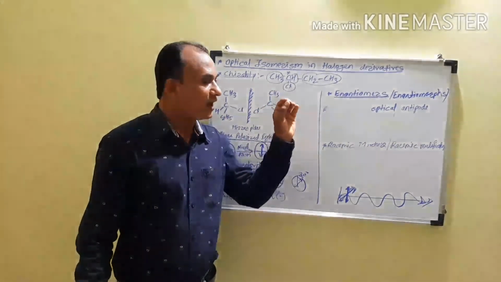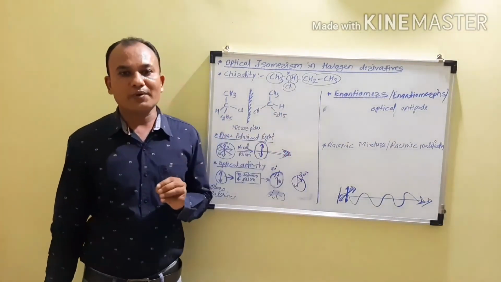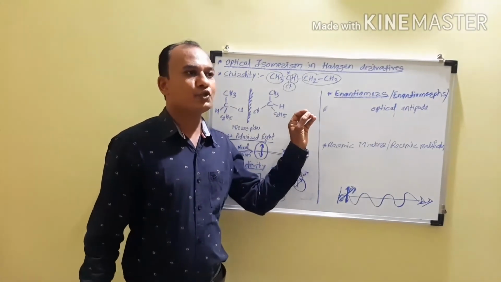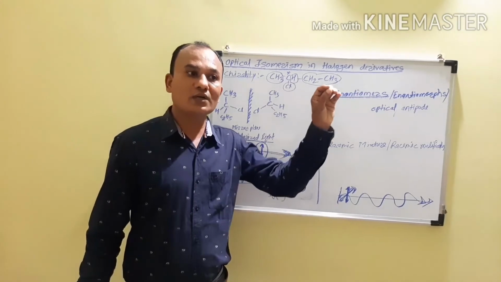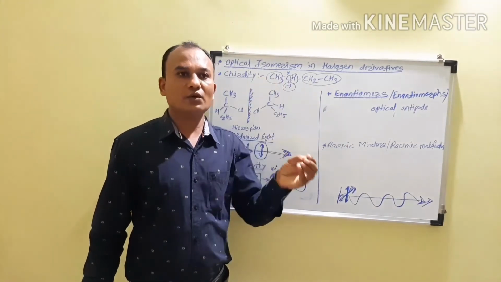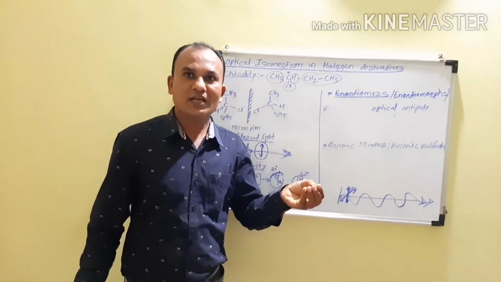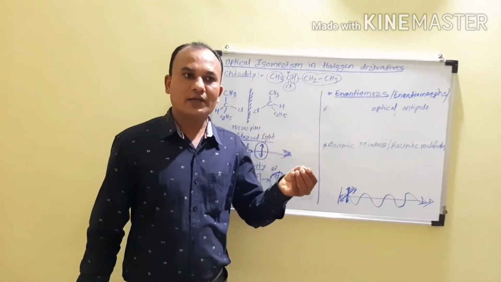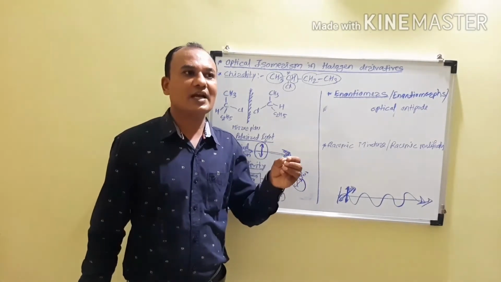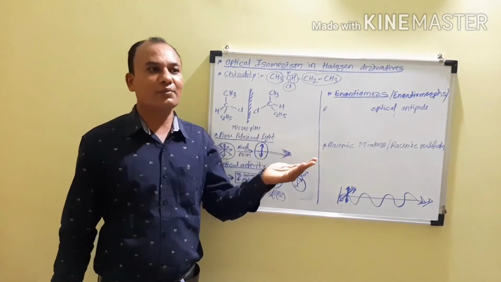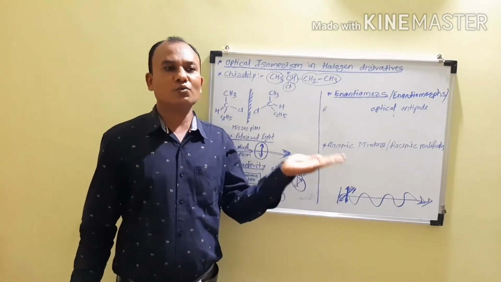But when we are considering the chemical properties, those of enantiomers are the same towards an optically inactive reagent. Now which are called optically active and optically inactive compounds? Optically active compounds are those compounds which have a chiral carbon atom and which rotate the plane of plane polarized light towards the right or towards the left.